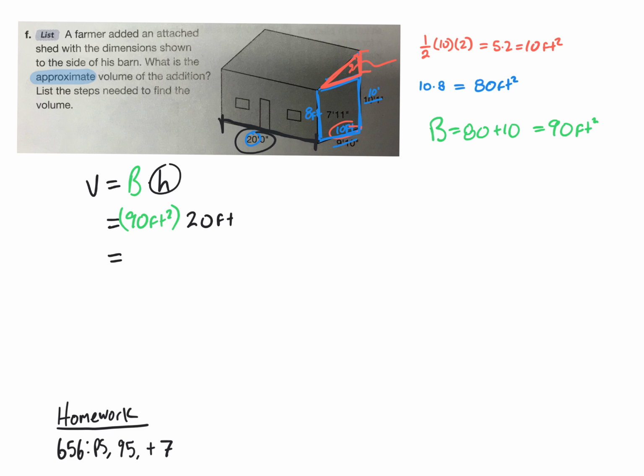So 90 times 20, or think of 9 times 2, is 18, and then I'm adding on 2 zeros, one for that one, for that one. So 1,800 feet squared times feet gives me feet cubed. So the volume is about 1,800 feet cubed.